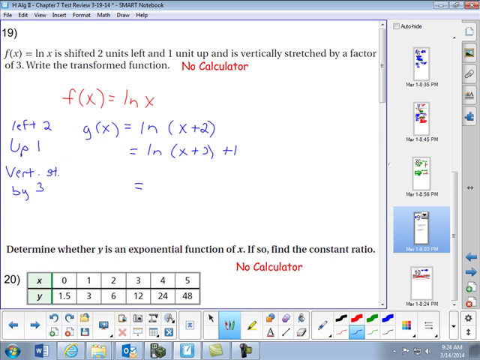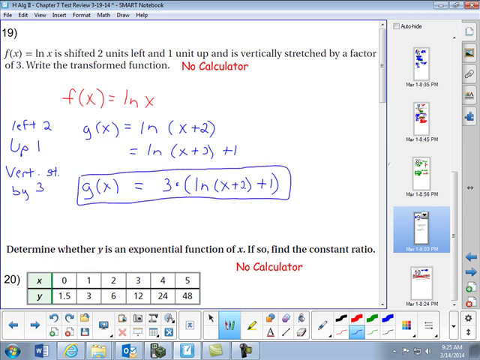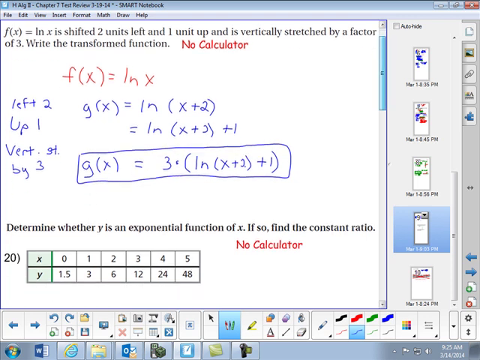You cannot just put it out here, because it's the natural log of x plus 2 and then plus 1. So I will allow you to just write 3 times, parentheses, the natural log of x plus 2 plus 1. And this is your final answer. If you wanted to distribute out that 3, you could. You would have 3 times the natural log of x plus 2 plus 3. So I would accept that as well.